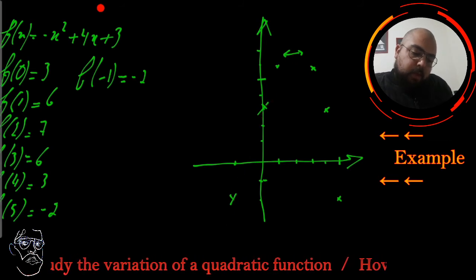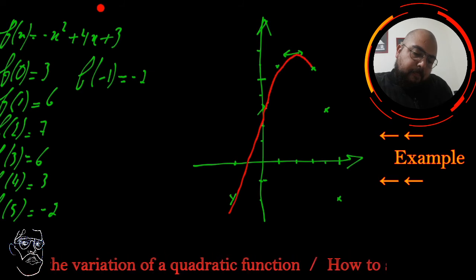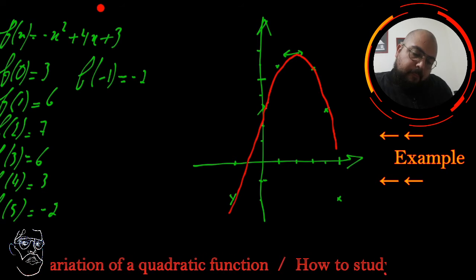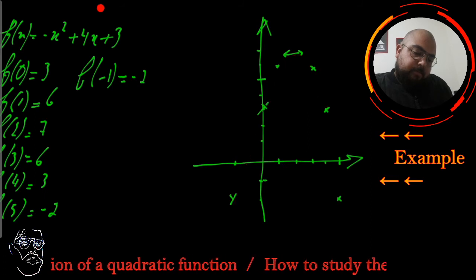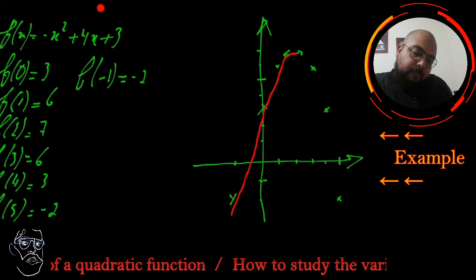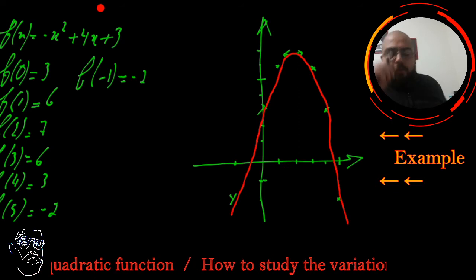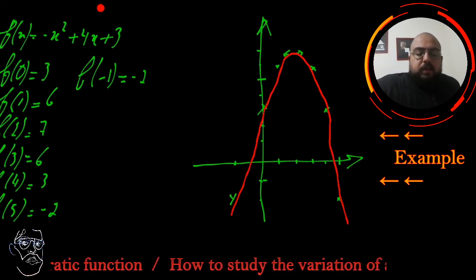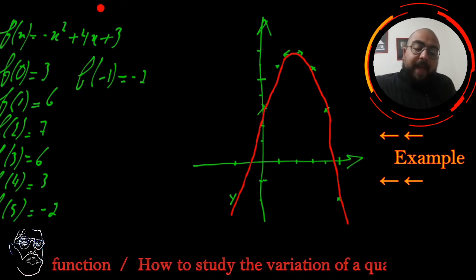I'm gonna repeat once again. So it's almost this shape for the curve, and as you can see, it has a certain symmetry, which is again an axis of symmetry.